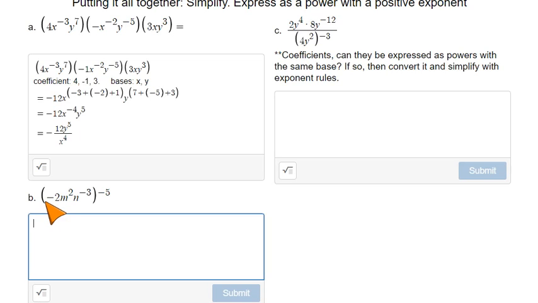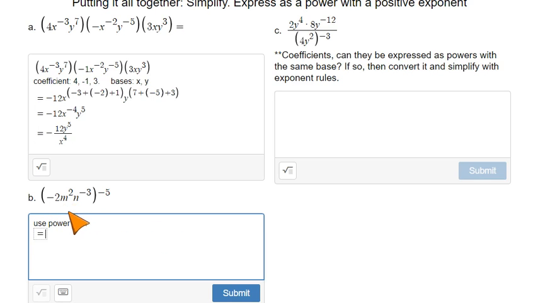Part B, we have the expression negative 2m squared n to the power of negative 3, all raised to the power of negative 5. We're going to use the power rule here and the distributive property. So we've got multiple bases inside our bracket, and the negative 5 is going to be applied to every single base in the bracket.